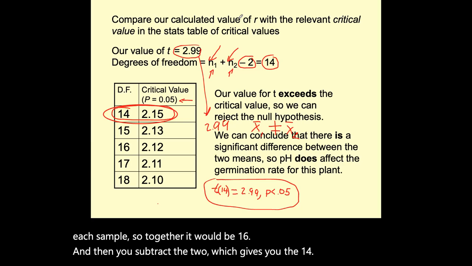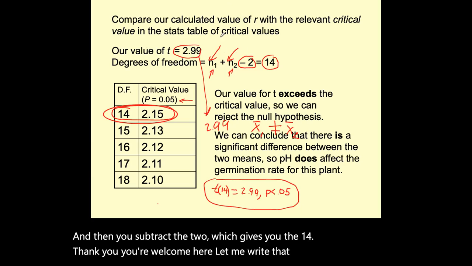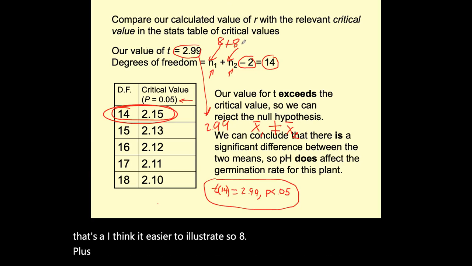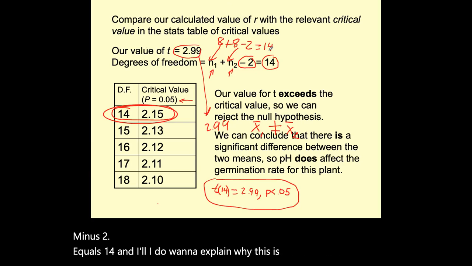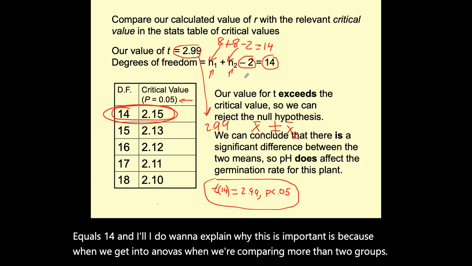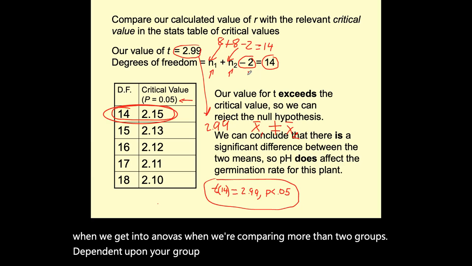Thank you. You're welcome. Here, let me write that out because I think it's easier to illustrate. So 8 plus 8 minus 2 equals 14. And I do want to explain why this is important, because when we get into ANOVAs, when we're comparing more than 2 groups, your group size will determine how many degrees of freedom you have.